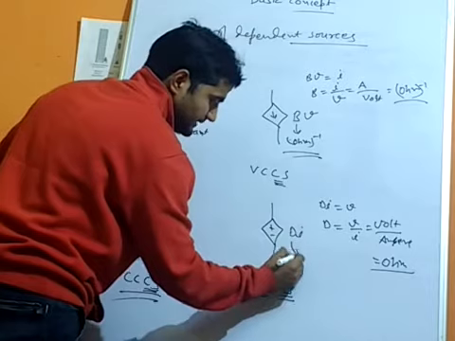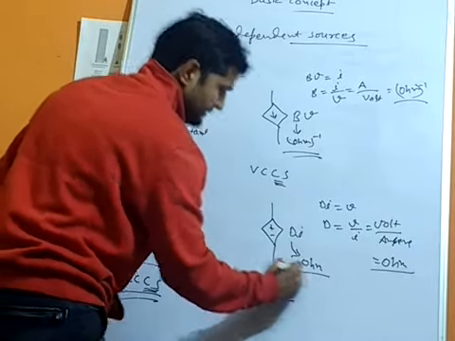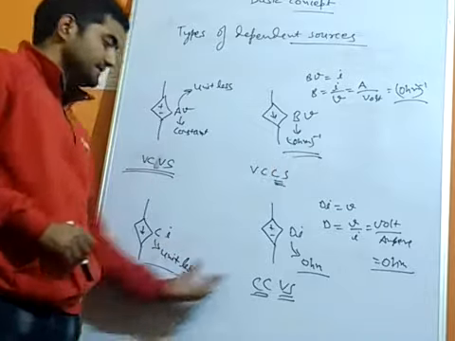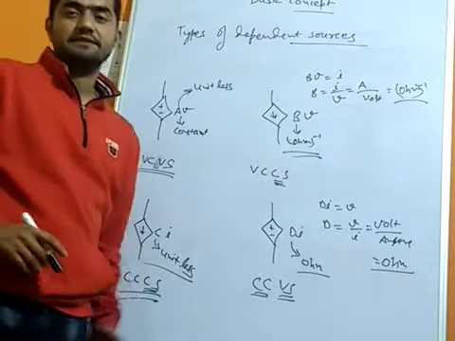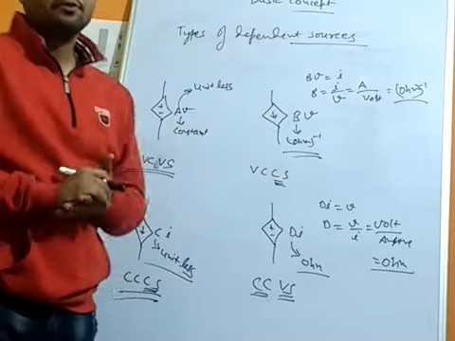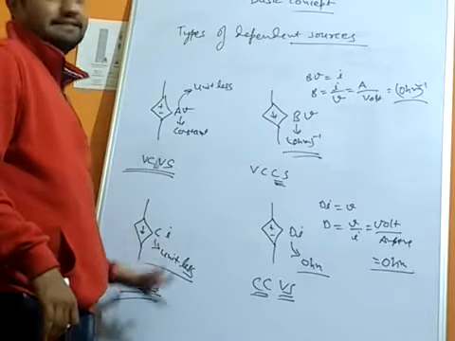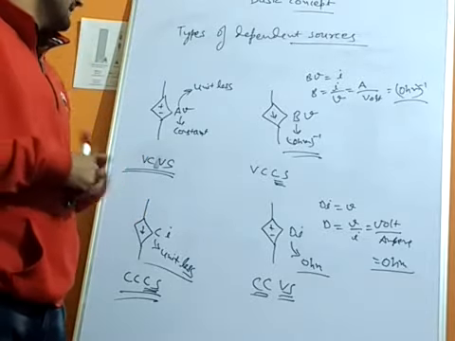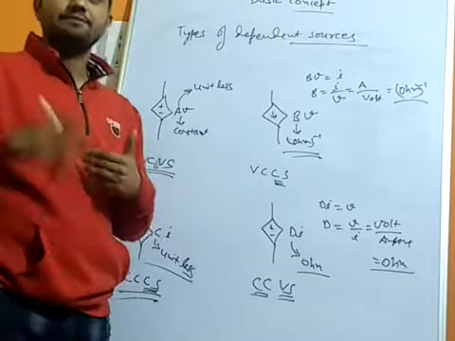So the unit of D will be ohm. This way we understand what VCVS, VCCS, CCCS and CCVS are. These are the 4 types of dependent sources and I think there will be no confusion in understanding these things. Now we will consider a question related to this topic asked in a previous GATE exam.